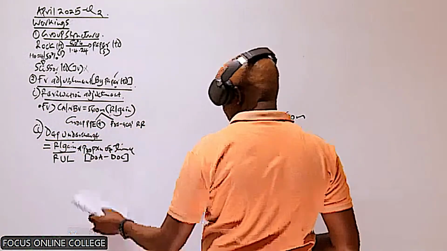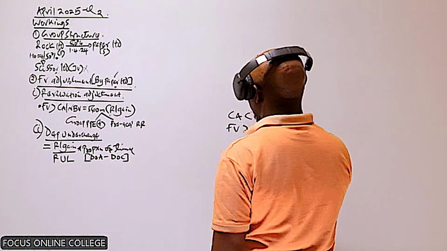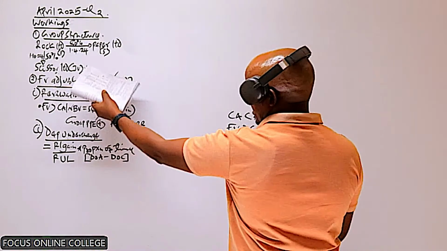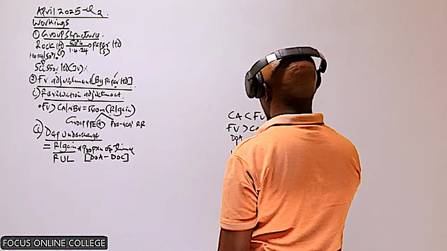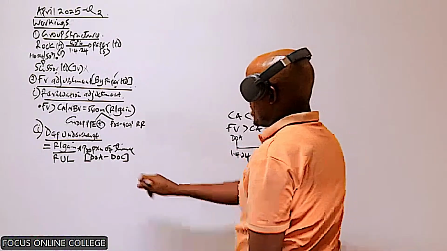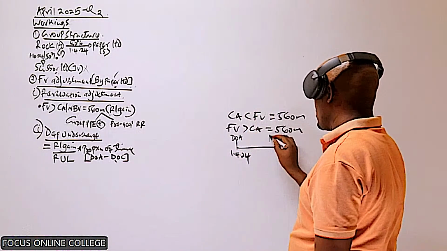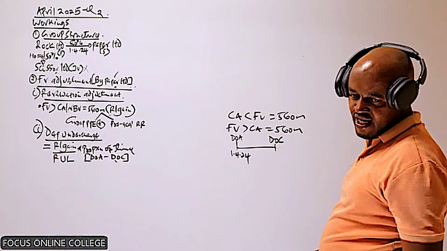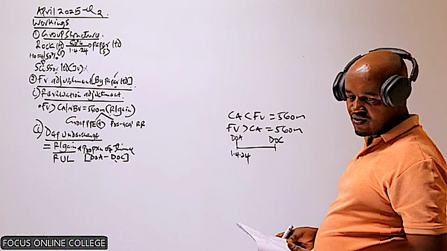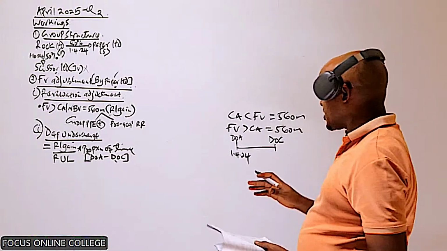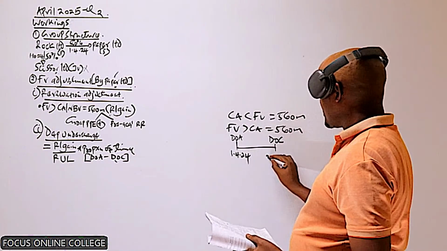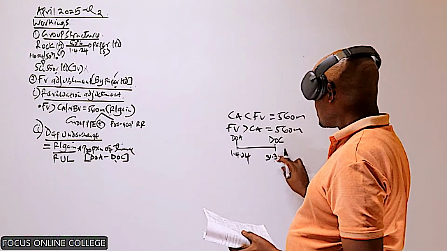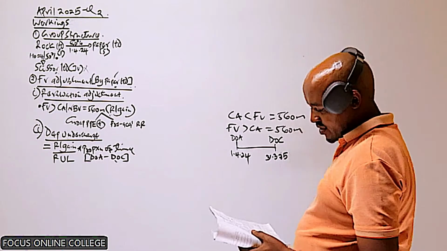Remember, the date of acquisition is the date the subsidiary was acquired. The subsidiary was acquired on which date? 1st of April 2024. The date of consolidation, the DOC, is the date we are required to prepare the group accounts. If you go to the requirement, you will see when we are required to prepare the group accounts: the year ended 31st of March 2025.